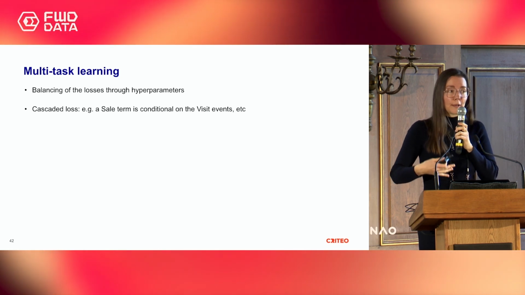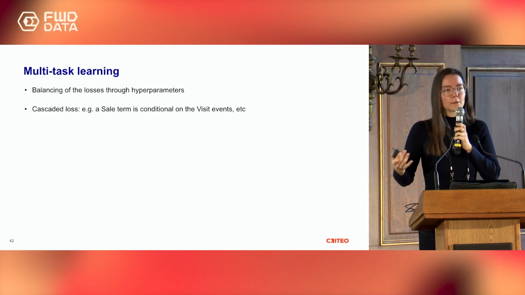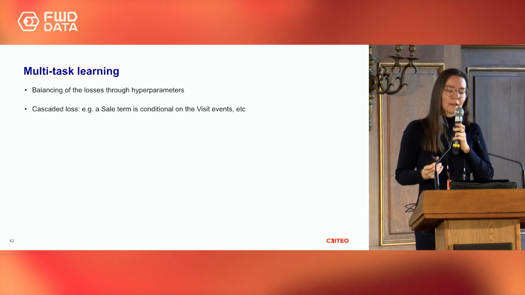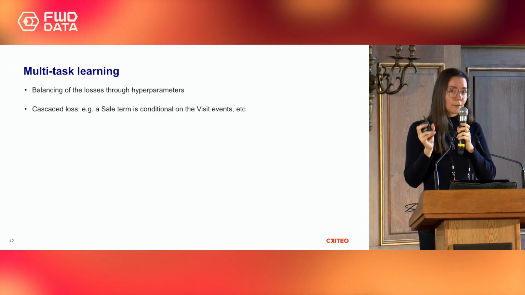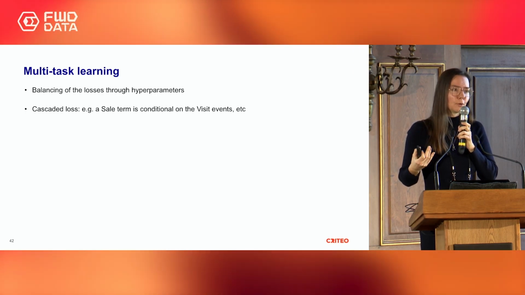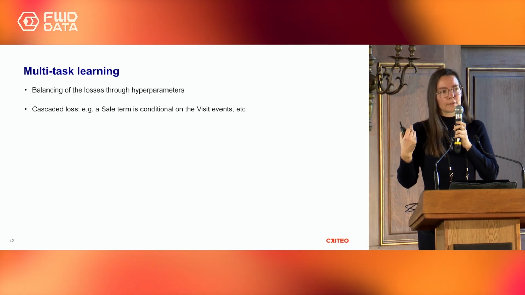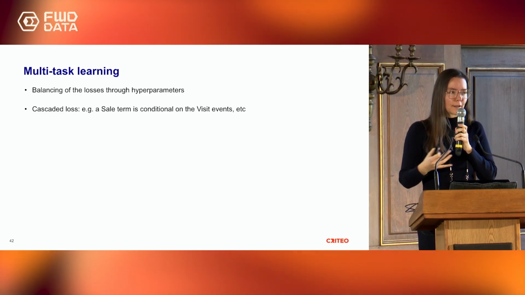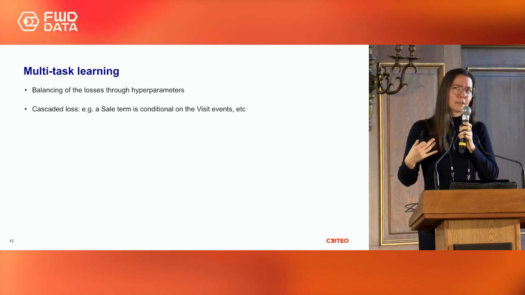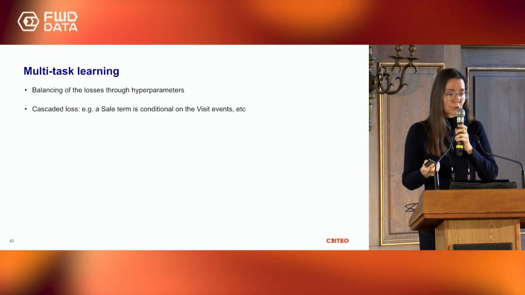So when your batch of data comes in, you have all the impressions, some of which have been clicked on, some of which have been visited, etc. What we do is we multiply each term in the loss by the label of the preceding step. This way you're not trying to find the sales among all of the impressions that haven't even been clicked on.